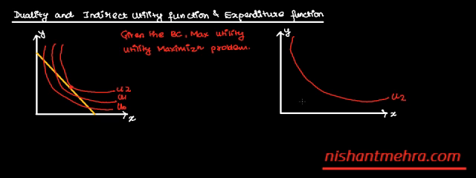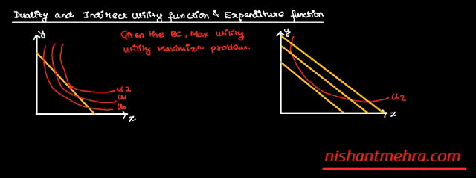For example, U2, since U2 is maximizing it here. And then you ask yourselves, what is the minimum expenditure you can achieve? Is this the minimum expenditure? No. You can go still lower. Is this the minimum expenditure? No. You can go still lower. This is the minimum expenditure, right? So at this point, you are minimizing expenditure.